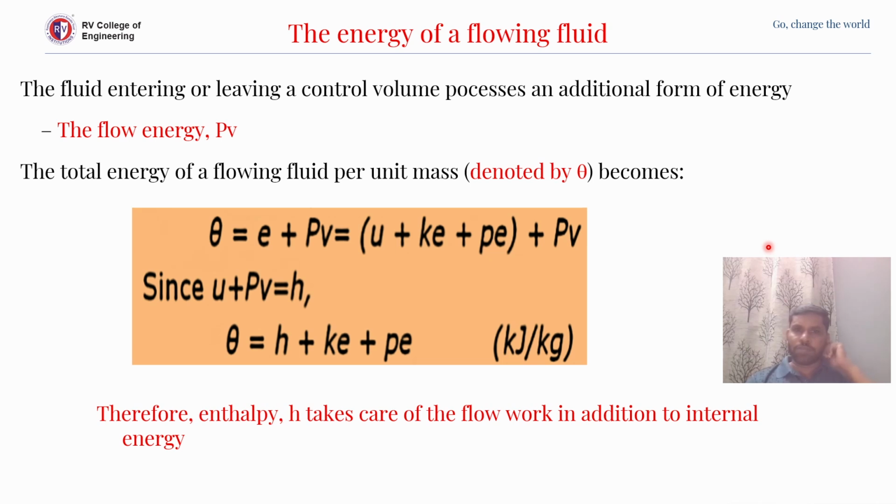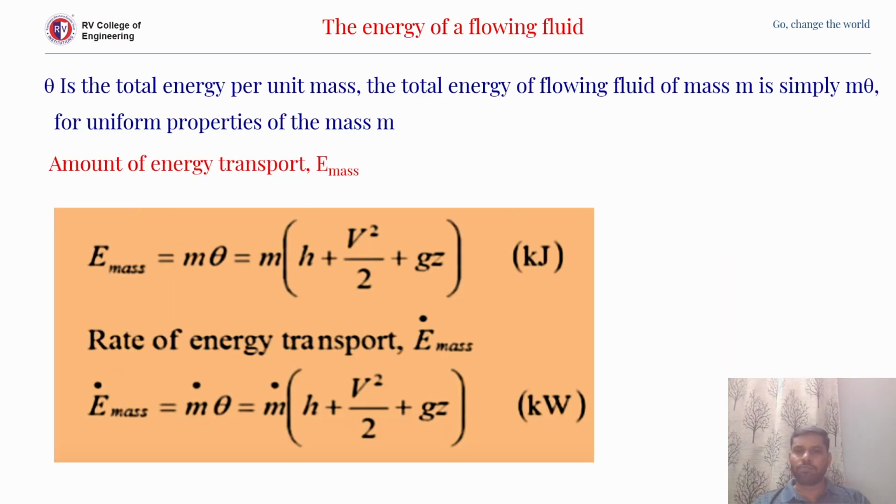As I told in the previous slide, the total energy of the flowing fluid per unit mass is given as U plus KE plus PE plus PV. So this is enthalpy, kinetic energy plus potential energy, all taken as kilojoules per kg.